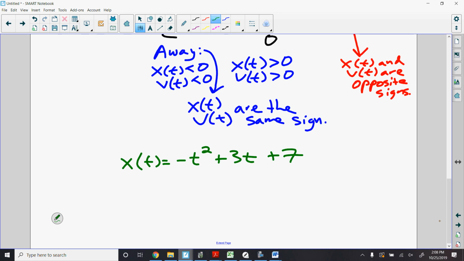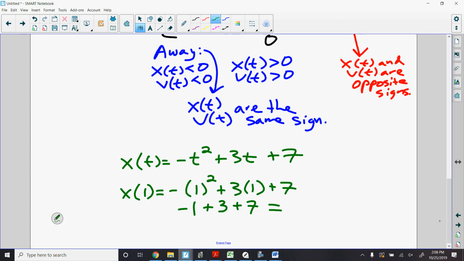So let's do x of 1 right now since we have the function already. x of 1 would be negative 1 squared plus 3 times 1 plus 7. 1 squared is 1. 1 times negative 1 is negative 1. Plus 3 plus 7. Negative 1 plus 3 is 2. 2 plus 7 is 9. So what I know is x of 1 is greater than 0. To calculate v of 1, I'm going to have to do the derivative, right?